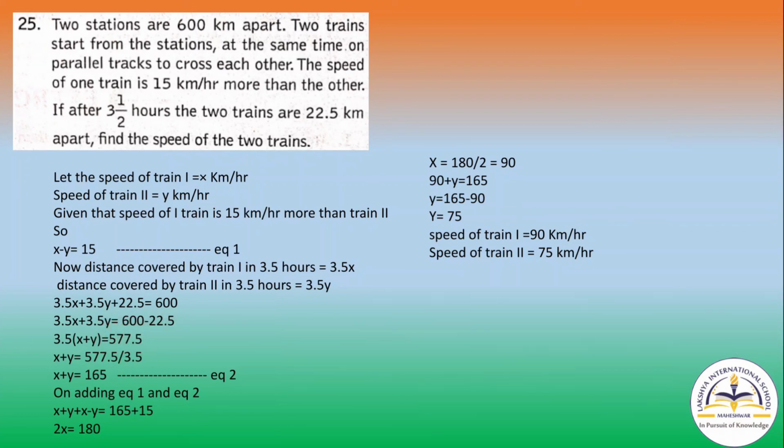When you solve this you will get a new equation, x plus y equals 165. Now we add both equations and find the values of x and y, which are 90 and 75. Here x is the speed of train 1 and y is the speed of train 2. So the speed of train 1 is 90 km per hour and the speed of train 2 is 75 km per hour.